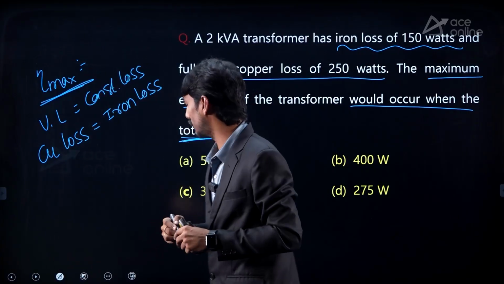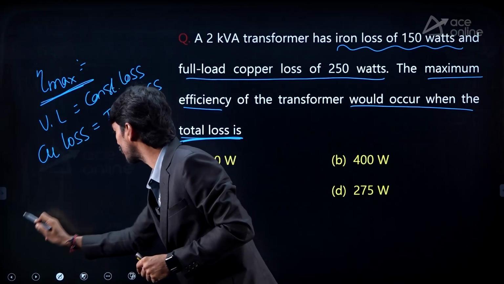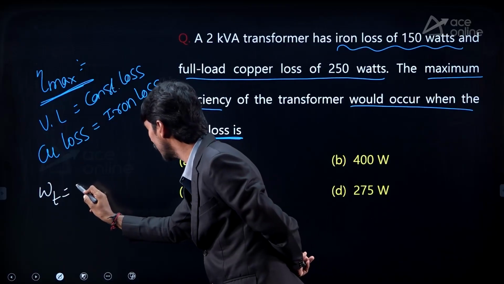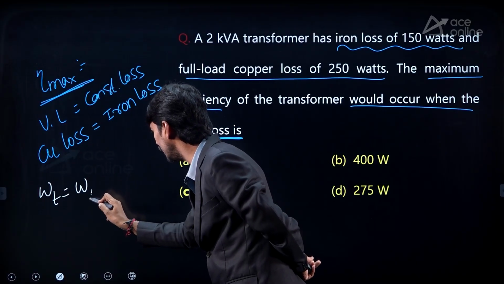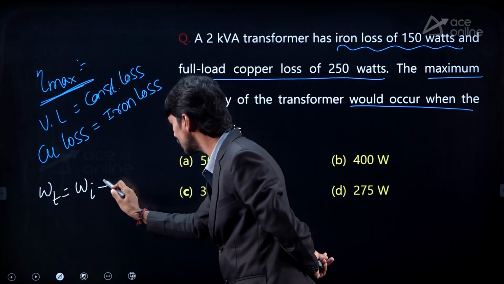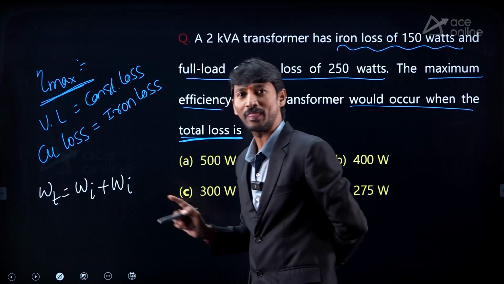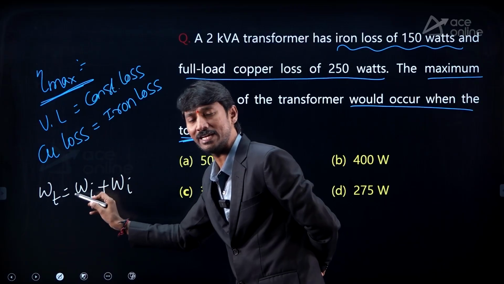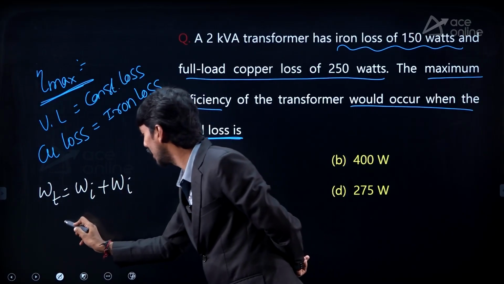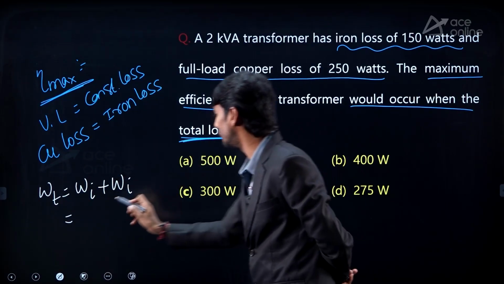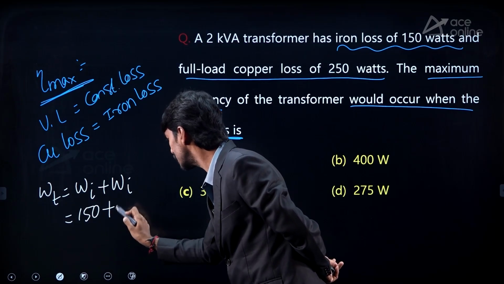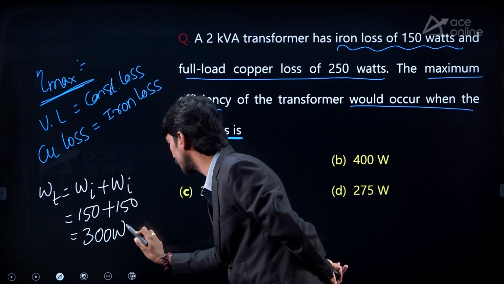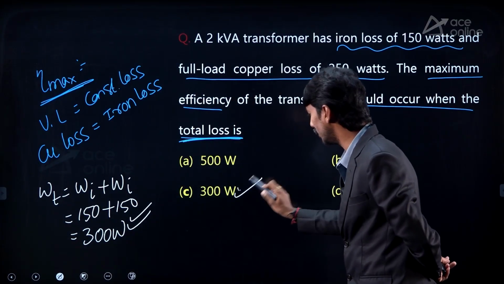So the total loss under the maximum efficiency condition is: copper loss is varied and equated to iron loss, plus the iron loss as it is. Copper loss varied and equated to iron loss, so 150 plus 150. The answer here is 300 watts.